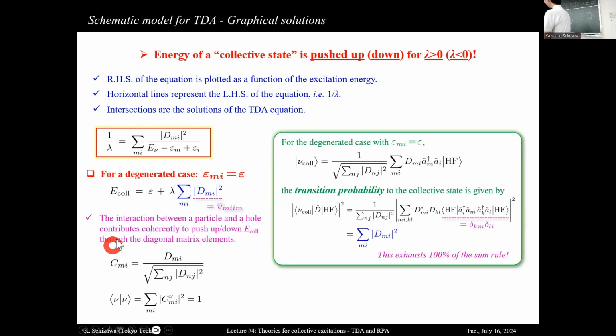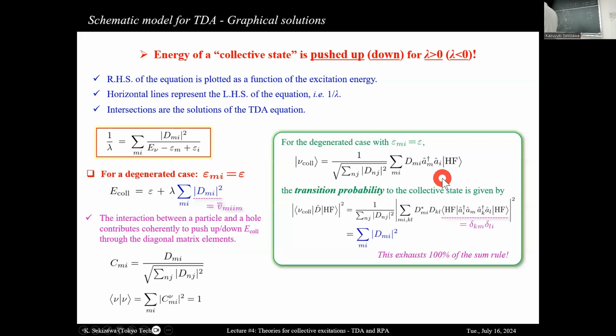And one can write down that these coefficients are equal, and this coefficient will be described by this D coefficient. With this coefficient, all the particle-hole excitations contribute equally or coherently.